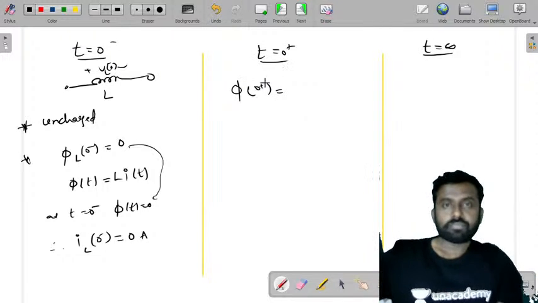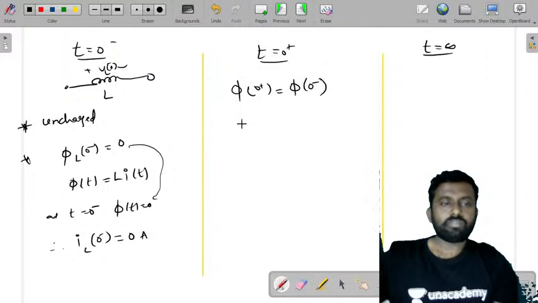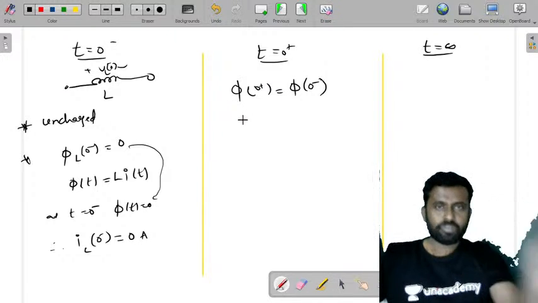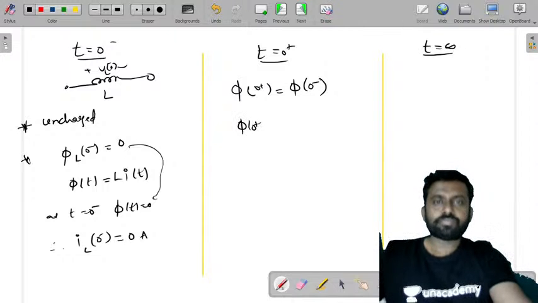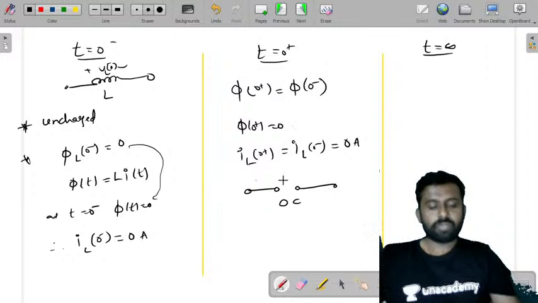So phi of 0 minus is equal to phi of 0 plus. Phi of 0 minus is already 0, so phi of 0 plus will also be 0, and therefore IL of 0 plus is equal to IL of 0 minus, which is already 0 amperes. So it will behave as an open circuit.